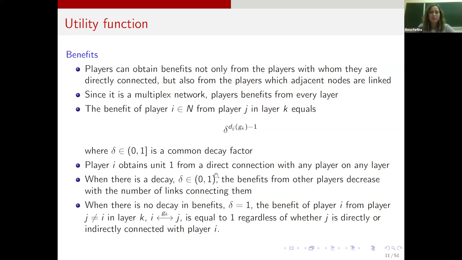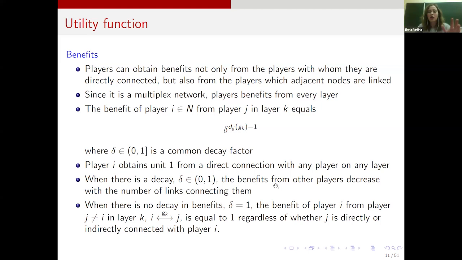So we see it here. And if there is no decay in benefits, so if delta is equal to 1, the benefit of player i from player j in layer k, if they are connected, is equal to 1, regardless of whether they are directly or indirectly connected. So this is a special case.